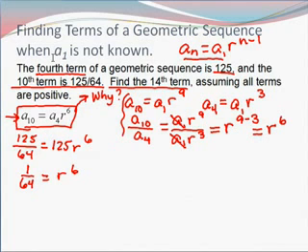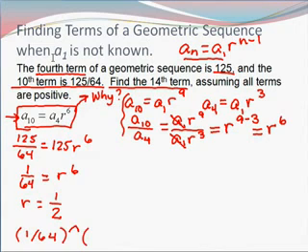Taking the 6th root, I get r equals 1/2. And the way you would do the 6th root on your calculator is you would do 1 divided by 64, parenthesis, then you would do a caret and 1 divided by 6 in parentheses. So that's the 6th root on your calculator.